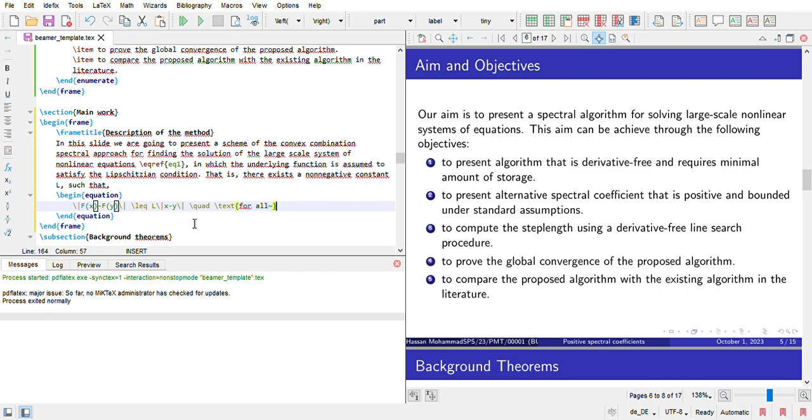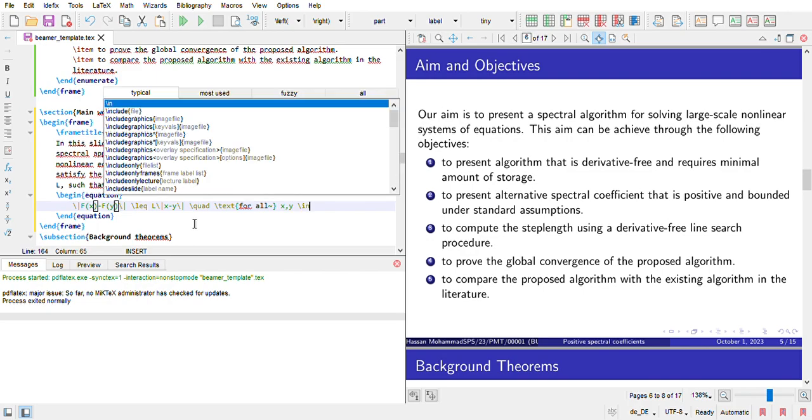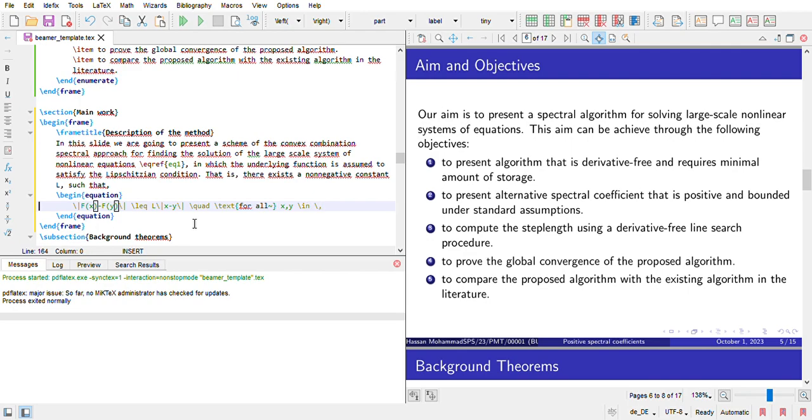Because what we are going to write now is in math mode, we can just leave it like that: x comma y in backslash mathbb R, so R then power n. Okay, so that is it.